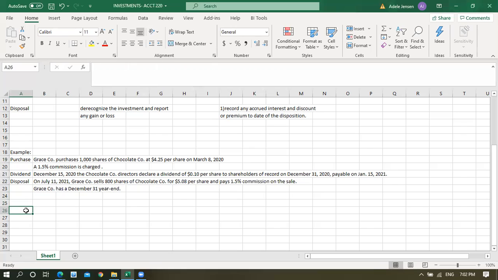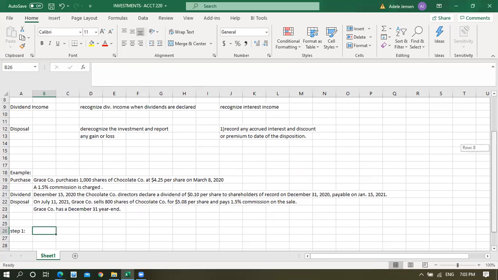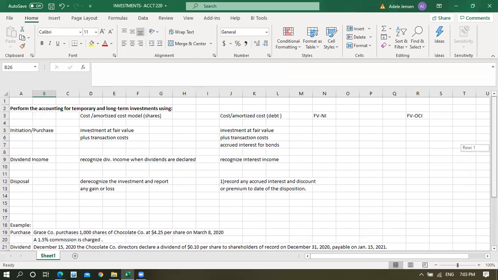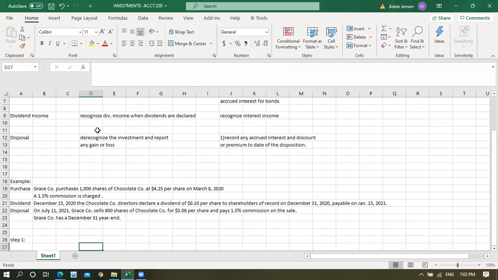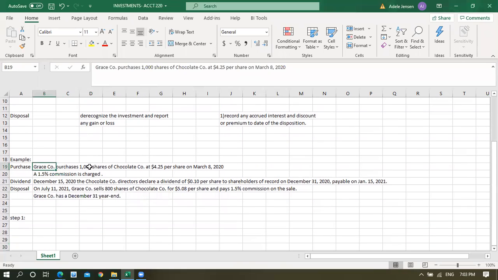So first, step one is to record that purchase. Because we are following the cost model, then the investment is going to be at fair value plus the transaction costs. So let's start off with deciding whether we're using the cost or the amortized cost model.